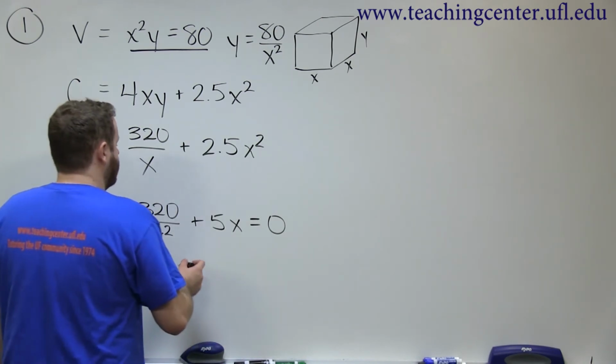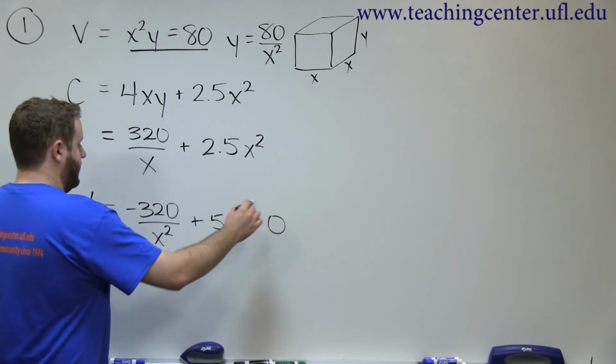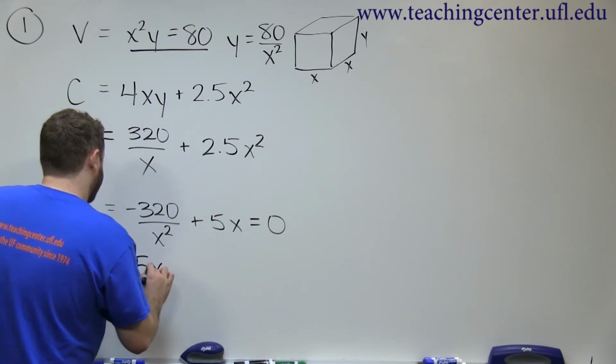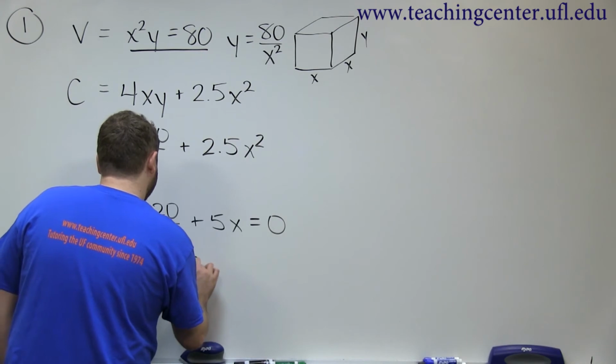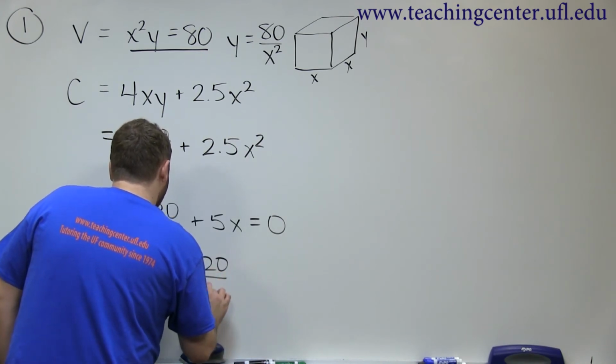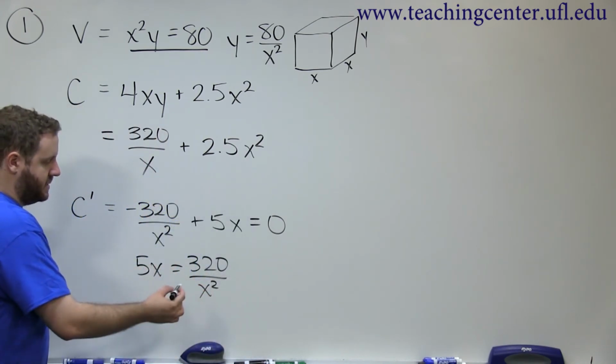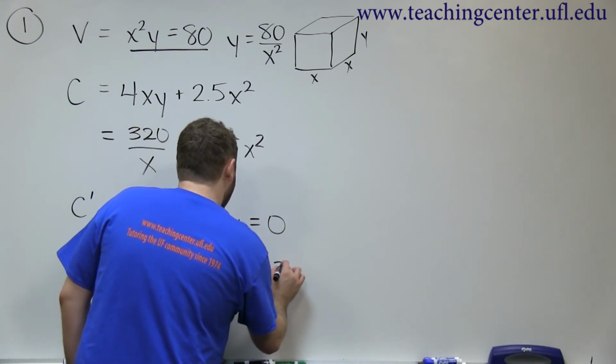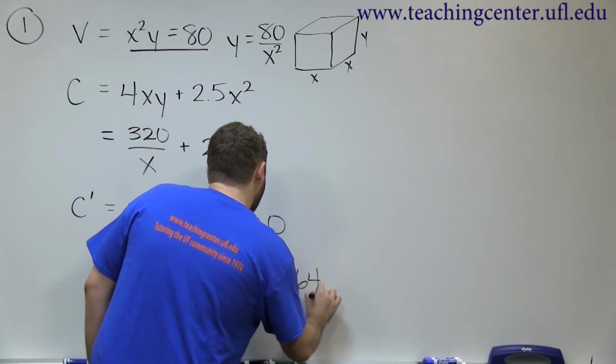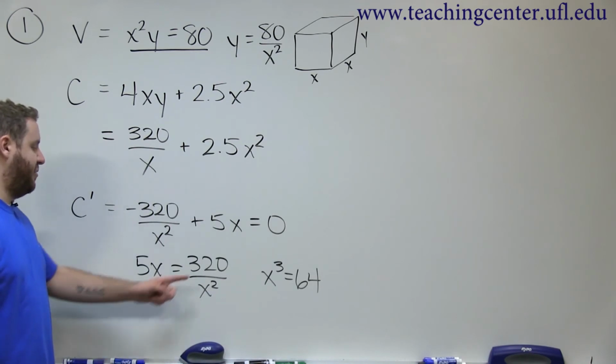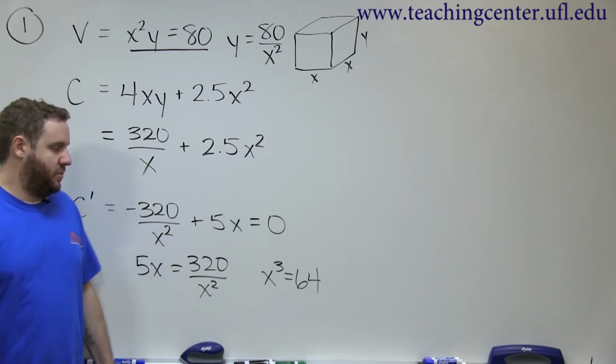So what we're going to do is now solve for x. I'll add the 320 over x squared to the other side. If we multiply over the x squared and divide by 5, we would get that x cubed is equal to 64. 320 divided by 5 would give us 64.